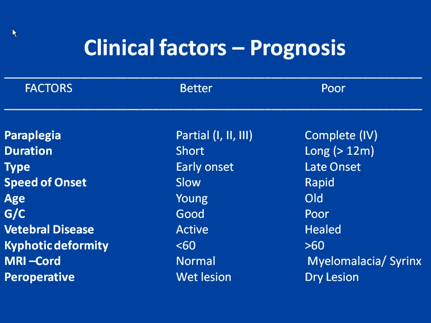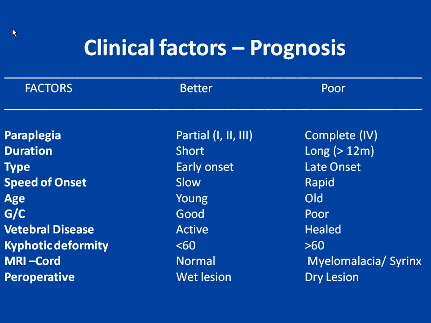If the duration is shorter, if it is early onset, if the speed is slow, if the patient is relatively young and general condition is relatively good, and there is an active vertebral disease as well, and kyphosis is less than 60 degrees, and the cord appears to be normal on MR, that there is no evidence of myelomalacia, and the lesion is wet where it is an abscess, it's a better indicator for good prognosis.